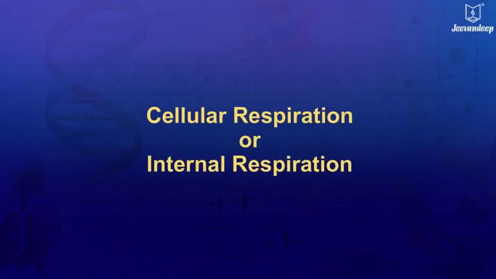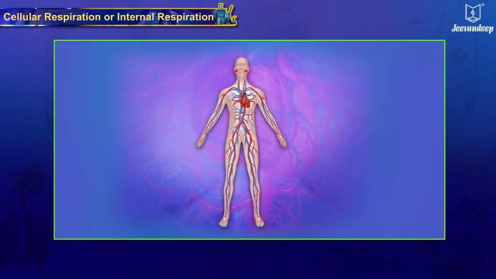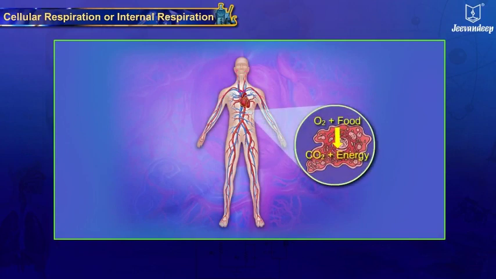Cellular respiration or internal respiration. Oxyhemoglobin in the blood carries oxygen to the cells, where it dissociates, liberating oxygen to the cells.